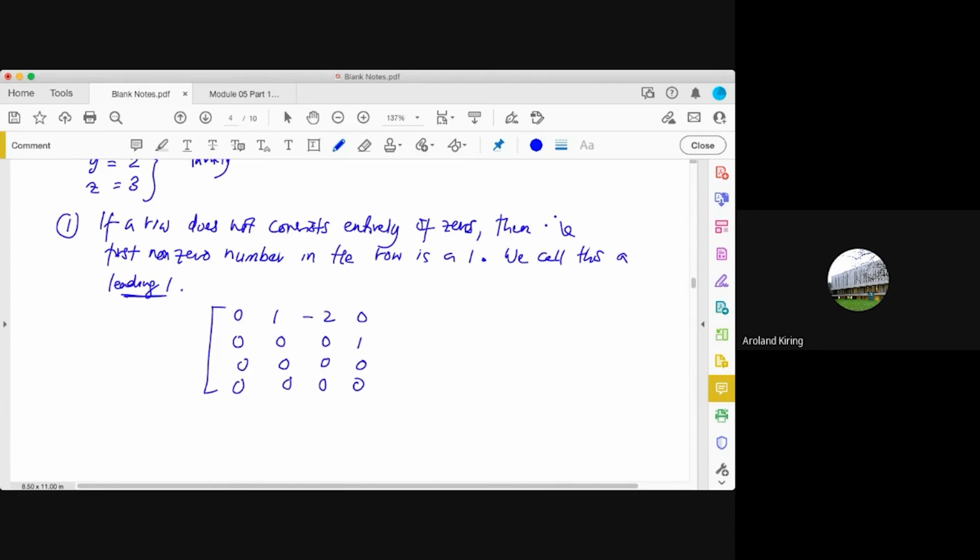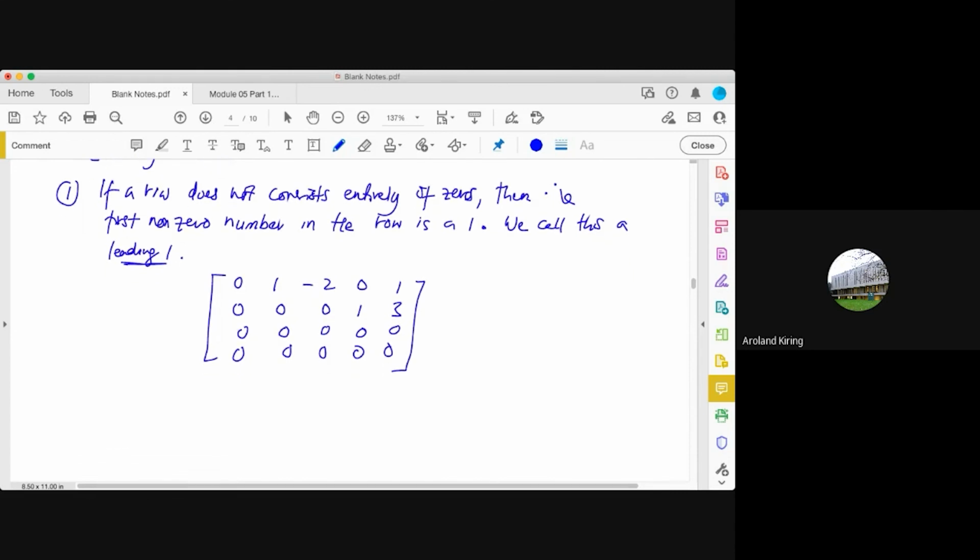Okay, so the solution will be 1, 3, 0, and 0. Whatever you try, the best you can get is this kind of form. So consider this would be your final form.